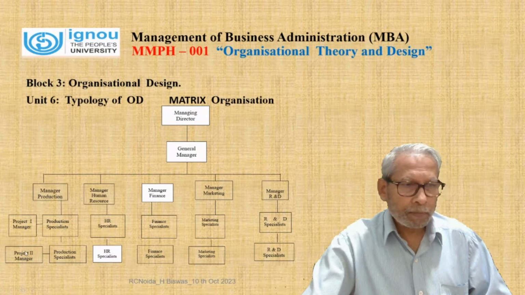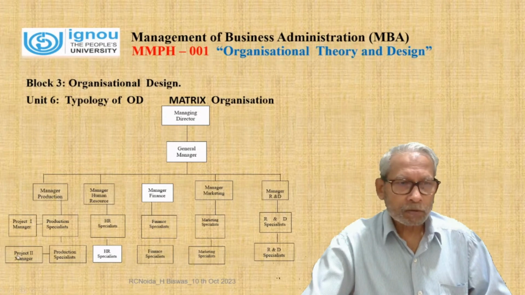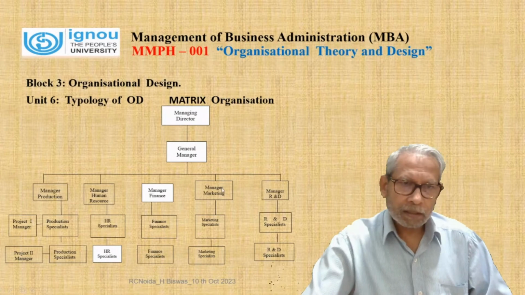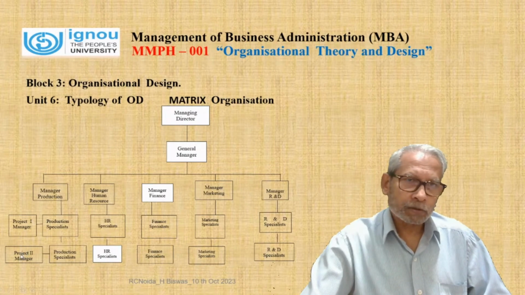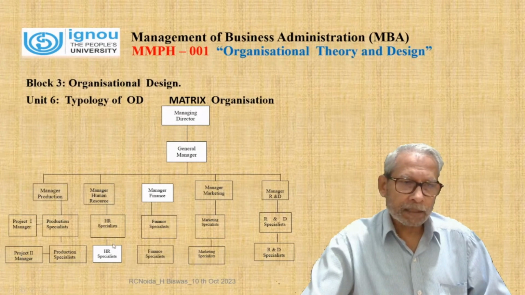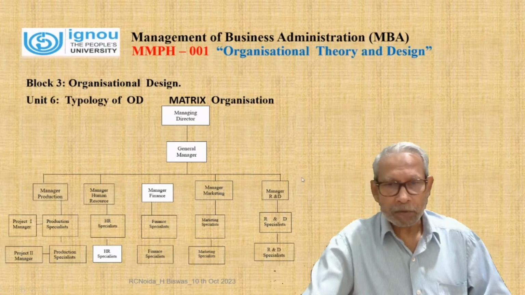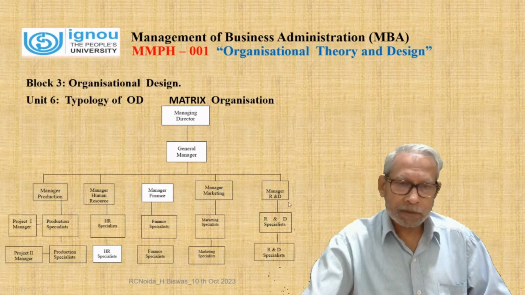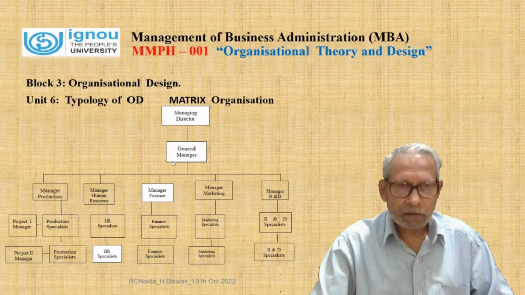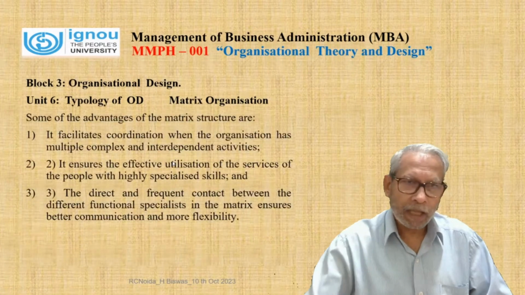So maybe one or two projects are going on in parallel. That's why it is a matrix, meaning functional as well as project. Structurally, there are also HR specialists and some consultants. So this type of structure is basically your matrix organization. Now we have to see what the advantages are.